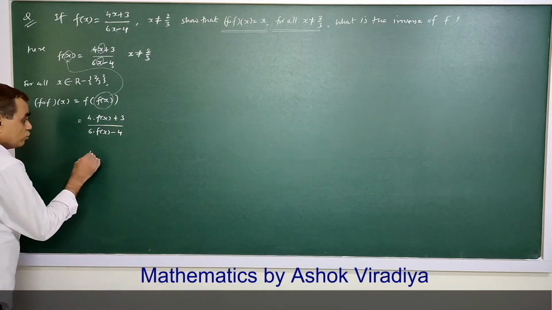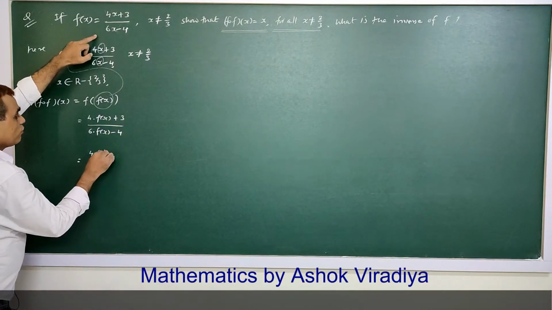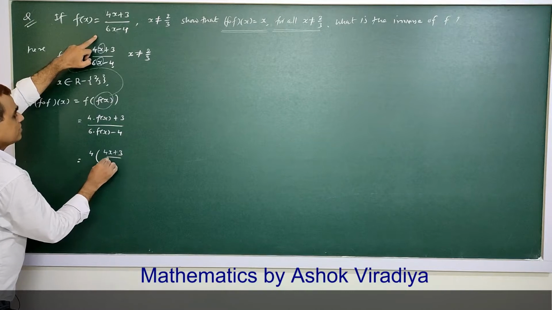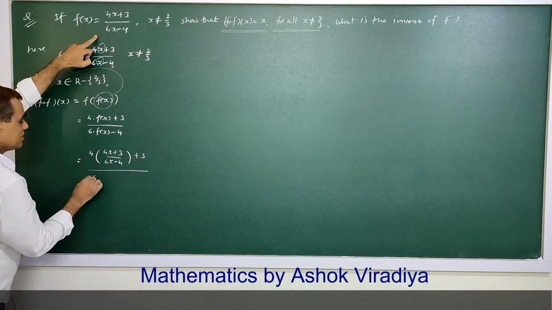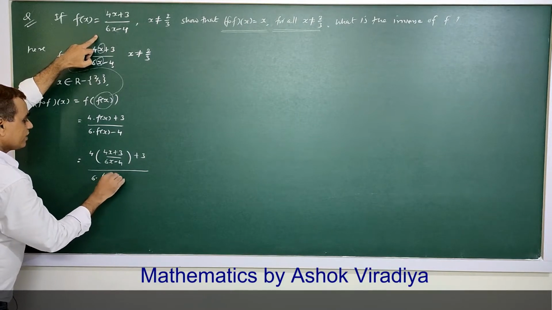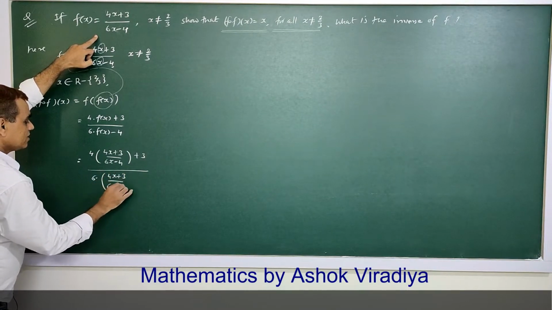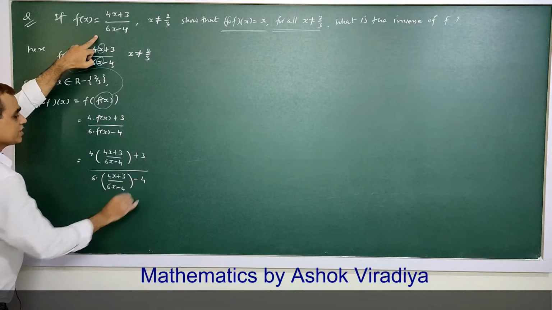So 4 into f(x), which is (4x + 3)/(6x − 4), plus 3, upon 6 into (4x + 3)/(6x − 4) minus 4.